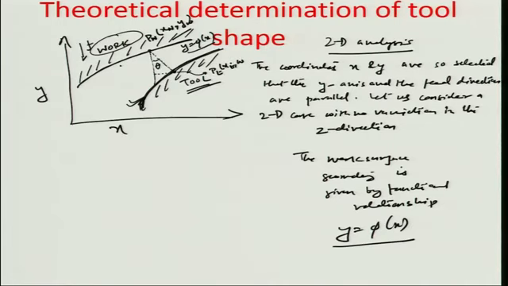So the whole goal here is: can I, from the xw, yw, which is known to me from this functional relationship y equal to phi x, predict the point PT, which has the set of coordinates xt and yt. And so the idea would be to develop a similar functional relationship on the tool side, provided the functional relationship on the workpiece side is known to you through design.